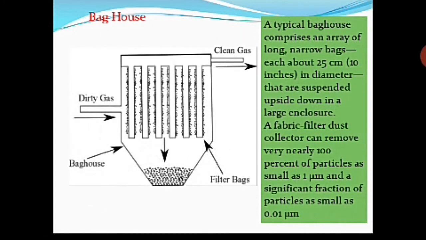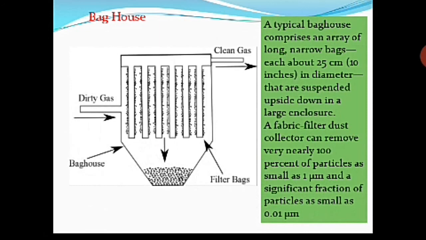Then the baghouse is again a similar method of separating dust particles from air. It is a chamber which is fitted with cotton or fabric material bags, which are conical, placed upside down just like an umbrella.